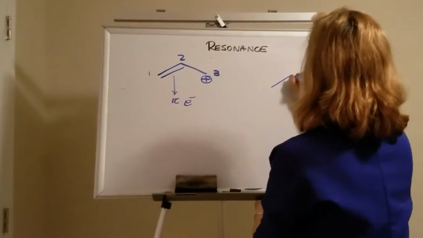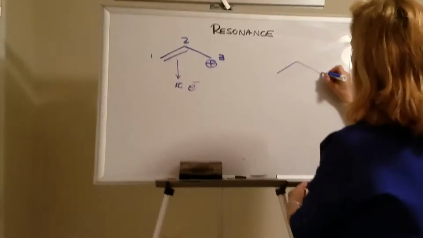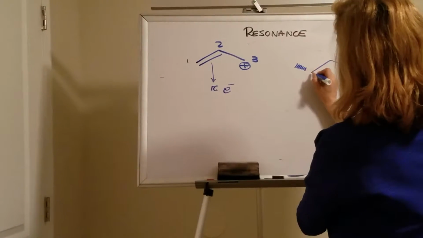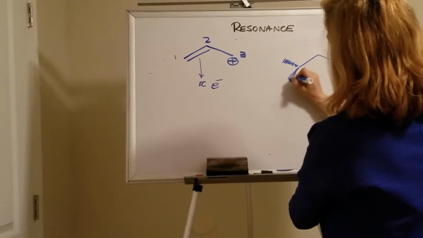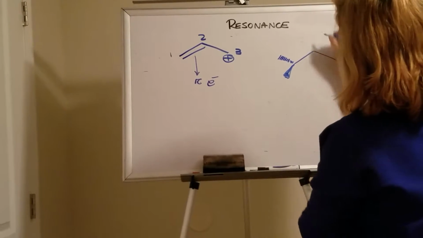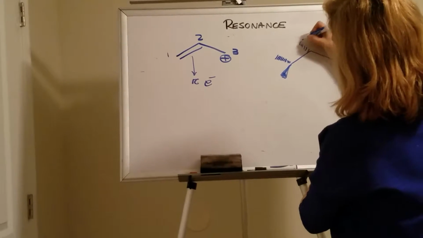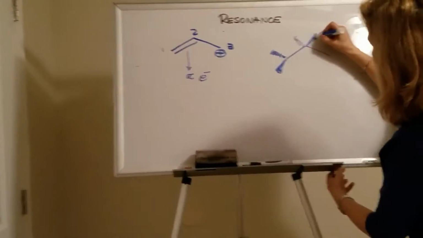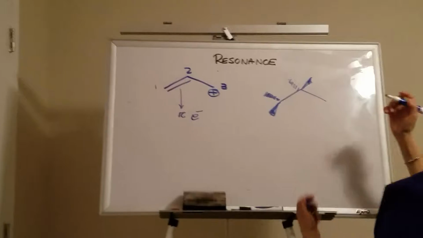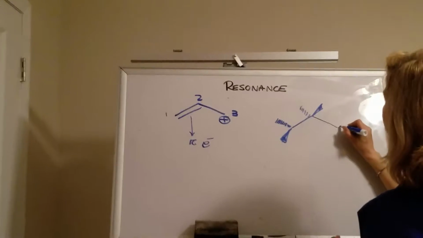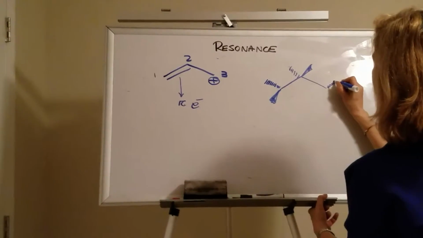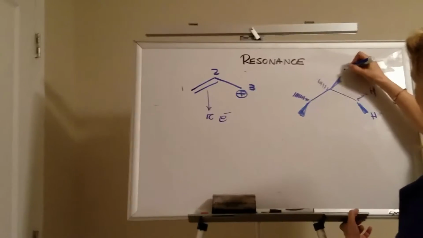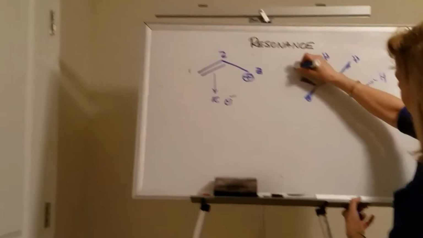Now I'm going to do this showing the sigma bonds, and I'm going to draw the hydrogens in each carbon as dashes and wedges, dashes indicating going inside the plane of the board, let's put it that way, and wedges coming onto you. So here we can draw the same thing. And so we have two hydrogens here, two hydrogens here, and two hydrogens here.